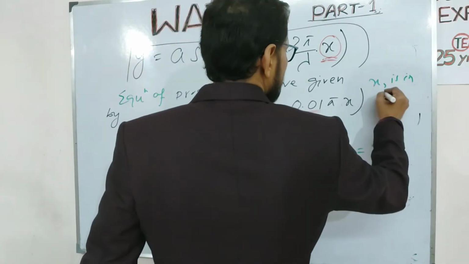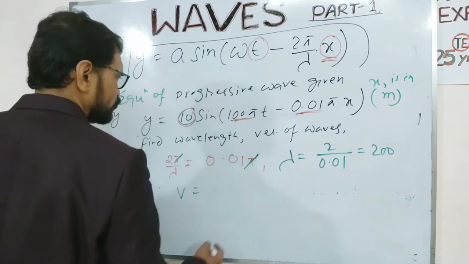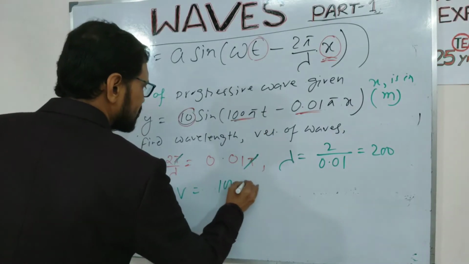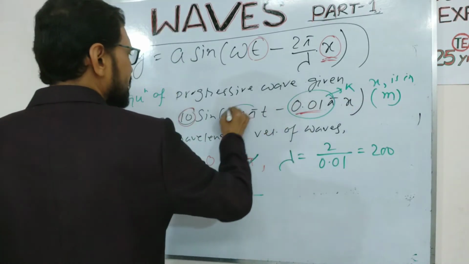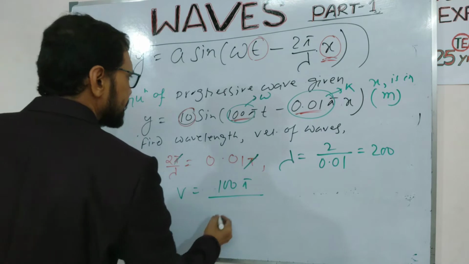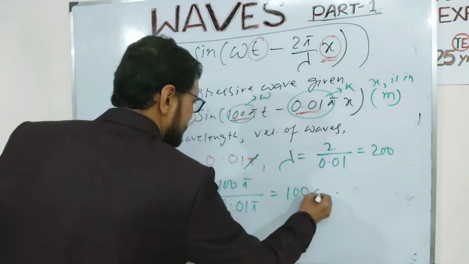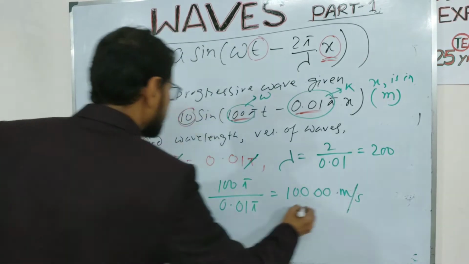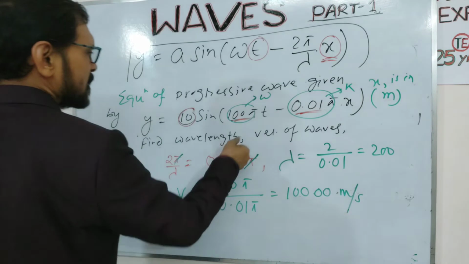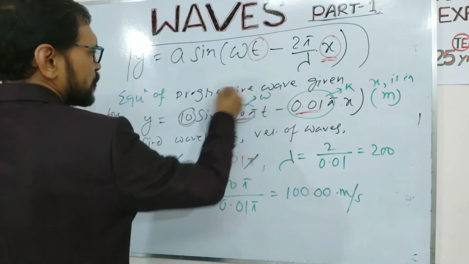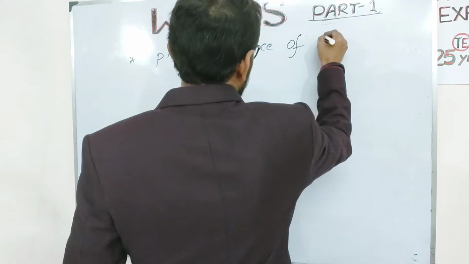Omega is the coefficient of t, and for omega by k, this is k and this is omega. This is the answer. You have to find it in this way by comparing. So always remember, the coefficient of t is omega and the coefficient of x is k. k means the wave constant, 2 pi by lambda.